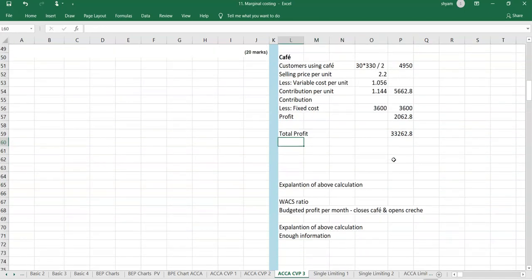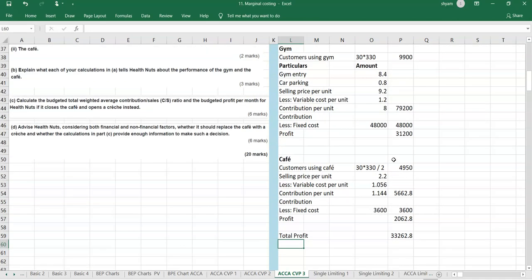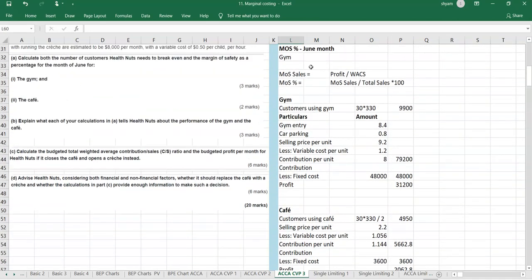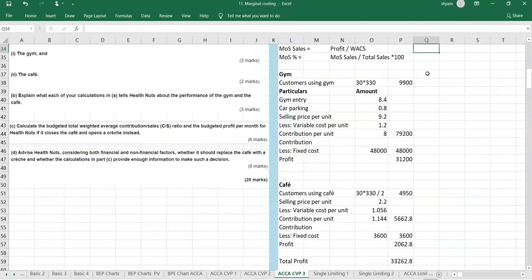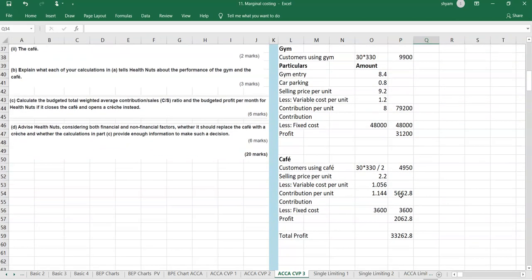and we also have to get, because this is our formula here. Okay, we also have to get total weighted average contribution and sales.